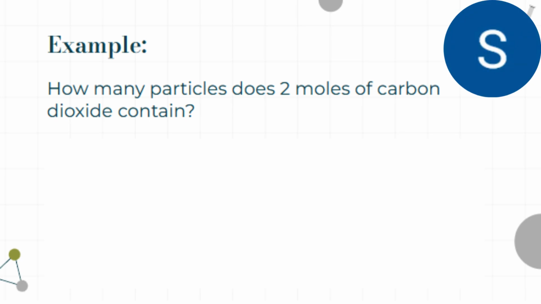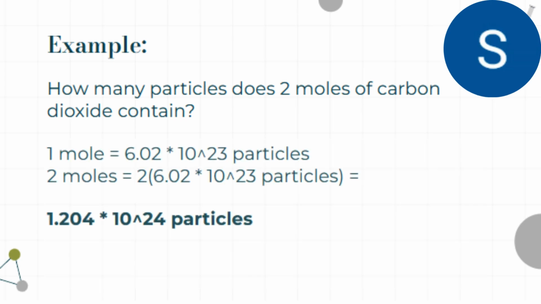Now let's take a look at a mini example. Let's say you're asked, how many particles does 2 moles of carbon dioxide contain? Press the pause button if you would like to try it first. Let's take a look at what we know. We know that 1 mole is equal to 6.02 times 10 to the power of 23 particles.